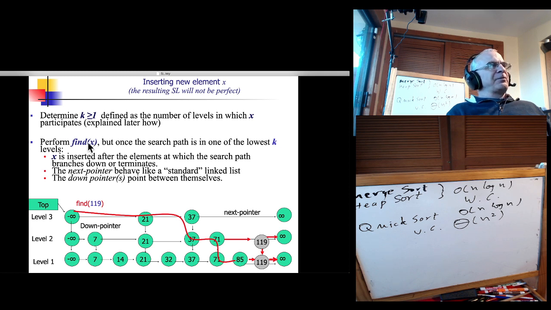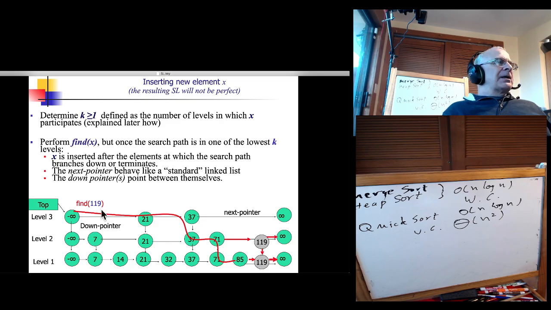So we perform find of x, but we are paying special attention when we are in one of the lowest k levels. Like in this example, k equals 2, implying that I want to insert x into exactly 2 levels.